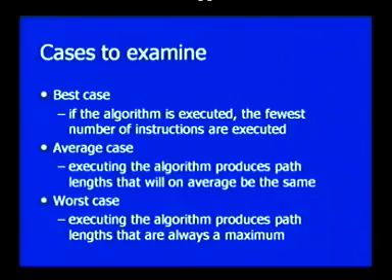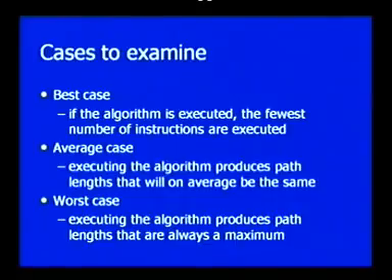I told you that these algorithms need to be evaluated with respect to 3 cases: the best case, average case and worst case. Suppose if I execute my program, if I am able to get the results with the fewest number of instructions, then I can call that the best case.